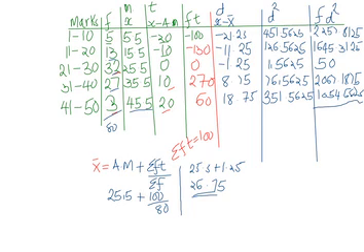Now we need to get the summation of fd squared. So you take all these numbers in this column and you add them.